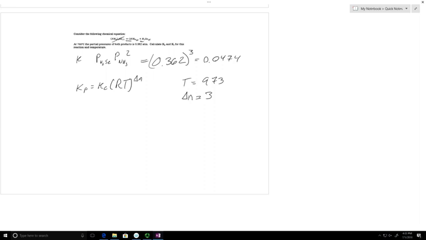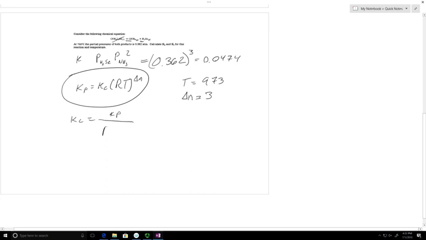So now we're going to take this equation here and we're going to rearrange it so that we're isolating Kc. And all that means is we're going to divide by RT to the delta n power. So Kc is equal to Kp over RT to the delta n. Okay? And then it's just a plug and chug at that point.